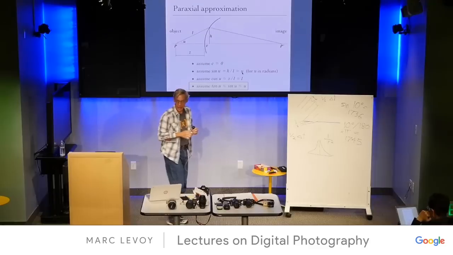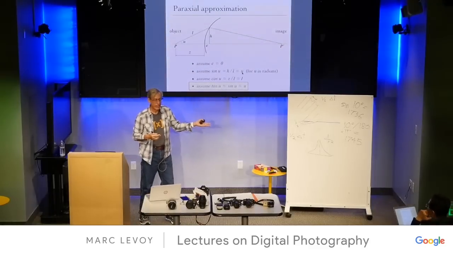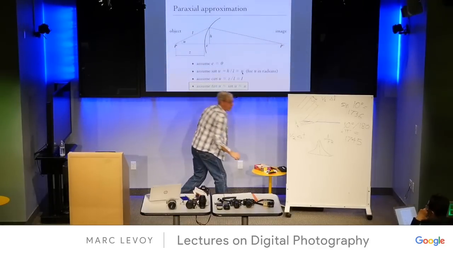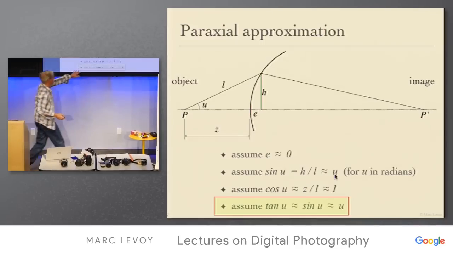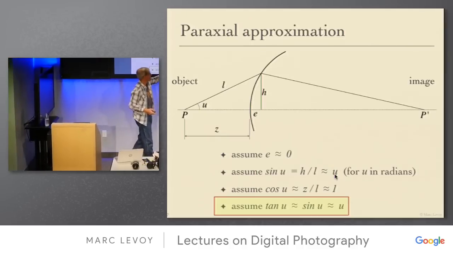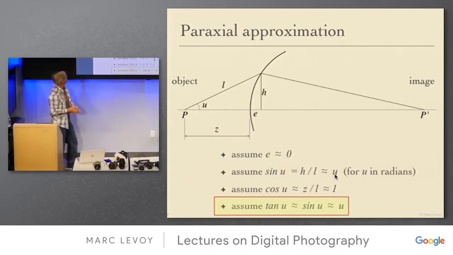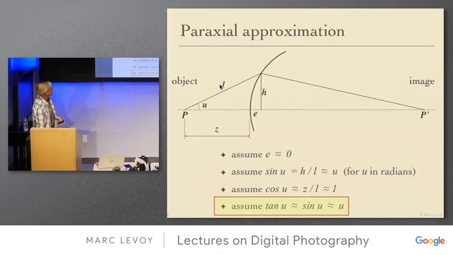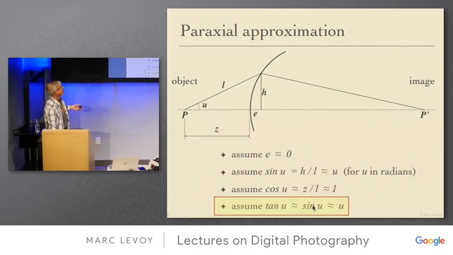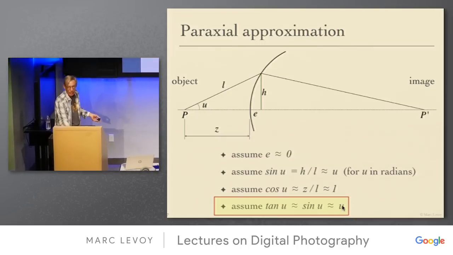So for small angles, the angle in radians is roughly equal to the sine. And so that is this approximation. The cosine is roughly 1. The cosine is the adjacent over the hypotenuse. And then the tan will be roughly equal to the sine, which will be roughly equal to the angle itself in radians.